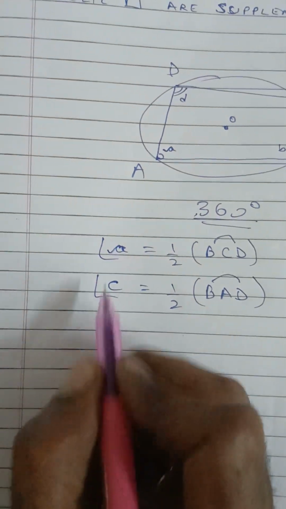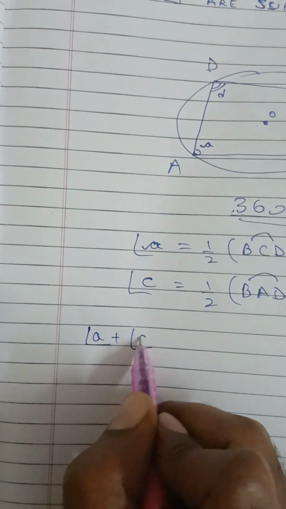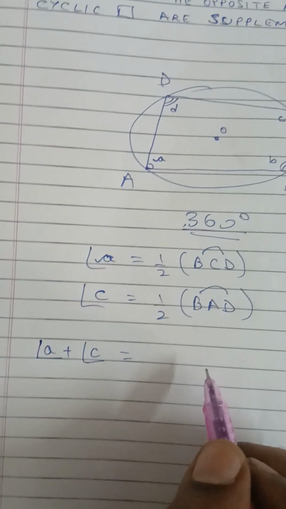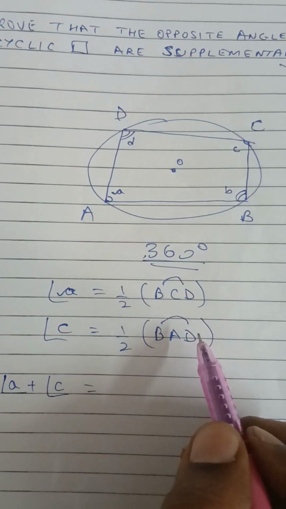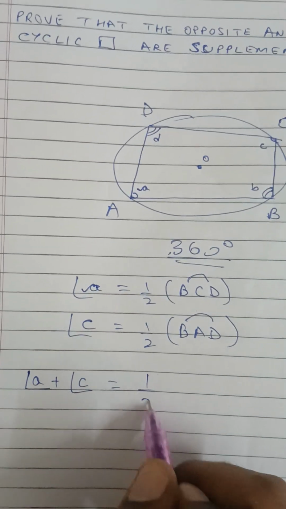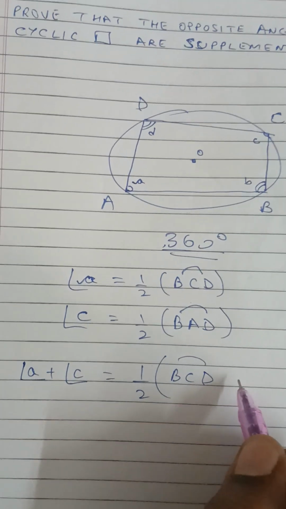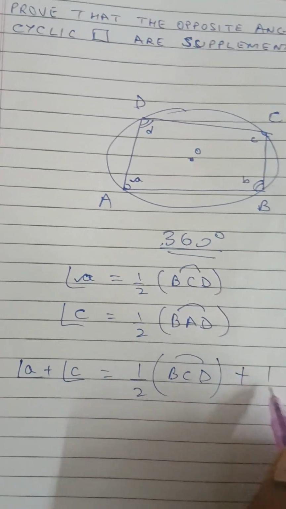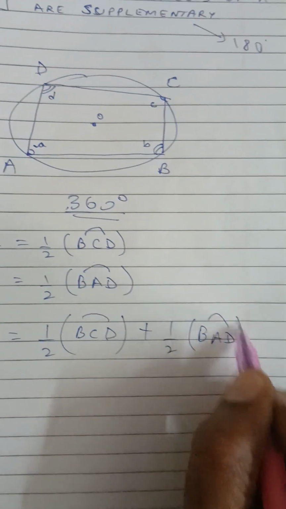Now if I add A plus C, angle A plus angle C is equal to, if I add the left hand side, my right hand side also has to add. So I'll get half arc BCD plus half arc BAD.